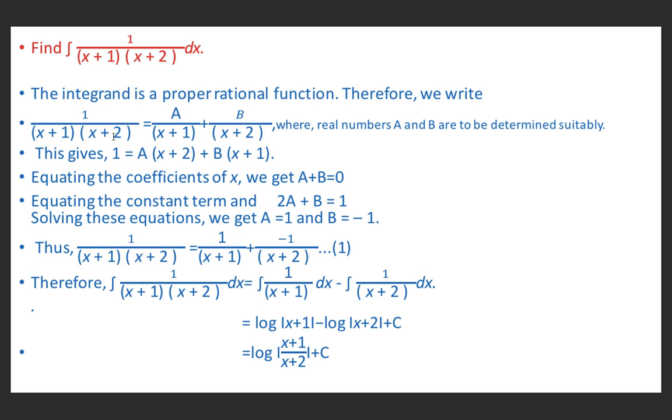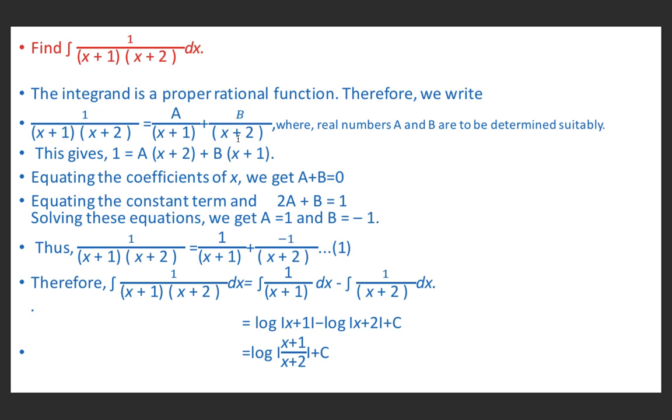So we can write it as A upon first linear factor plus B upon second linear factor. This we discussed in the last slide. We have two linear factors in the denominator, so we have written A upon first linear factor plus B upon second linear factor, and we will determine A and B in our next steps.